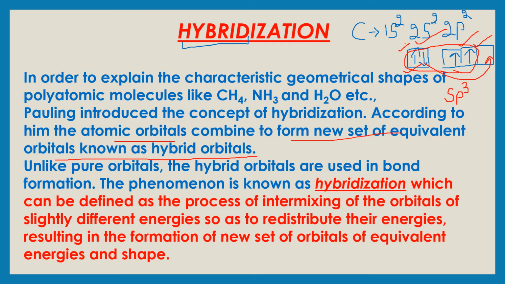All of them will be called sp3. And you know that s is spherical in shape, and we show a positive here, and p orbitals have dumbbell shape, positive and negative. So when they hybridize, you get 4 orbitals of exactly the same energy, so their shape should also be the same. So the shape of all the orbitals and their designation should also be the same, which is sp3, right?